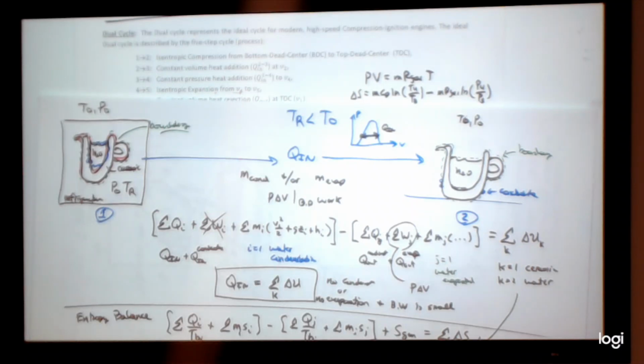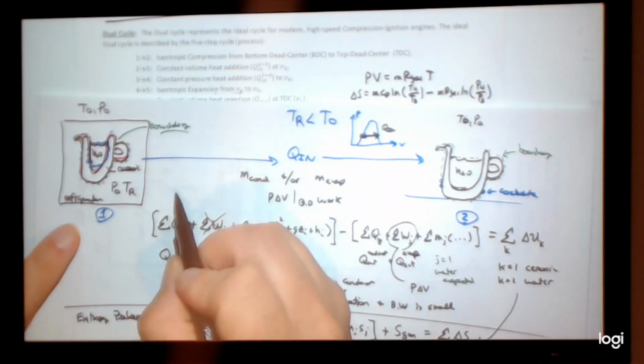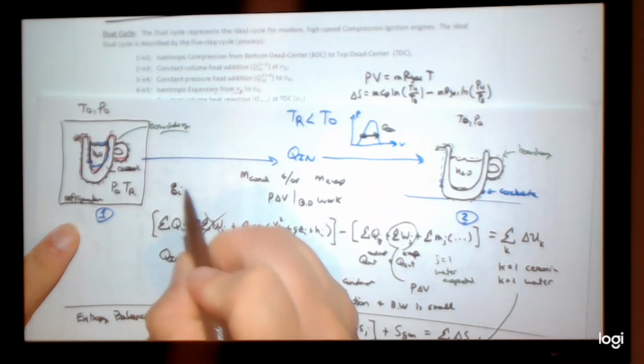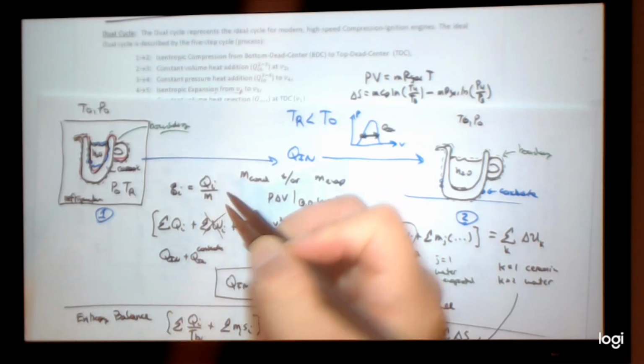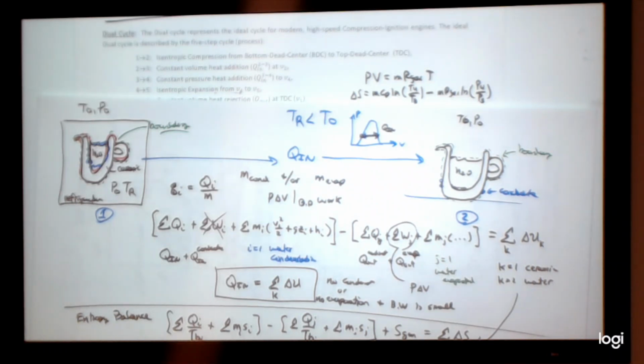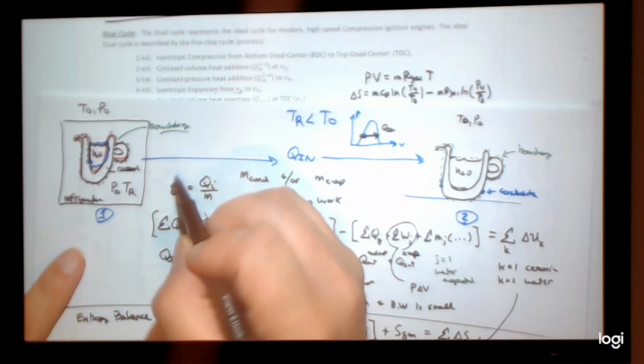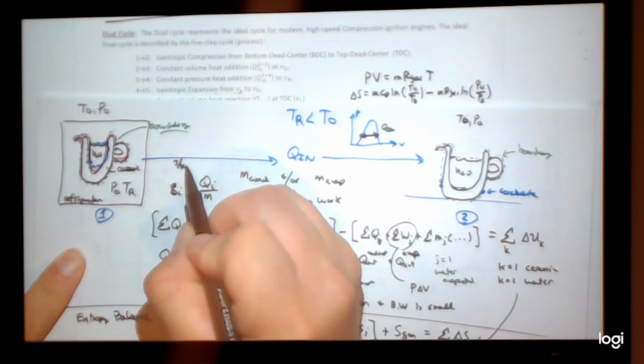And so the textbook, because it's ideal, they forget about the mass, and they put everything in per unit mass form, and they use a small q. And the small q, in this case, q in equals Q in over m. And it has units of joules per kilogram.